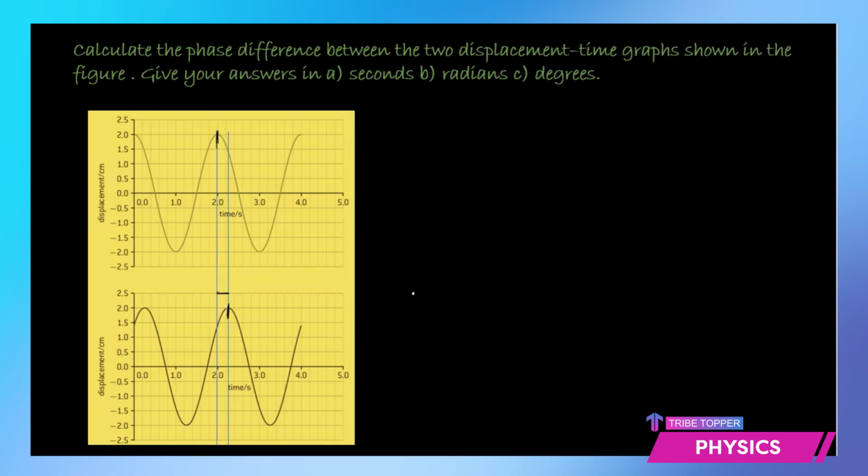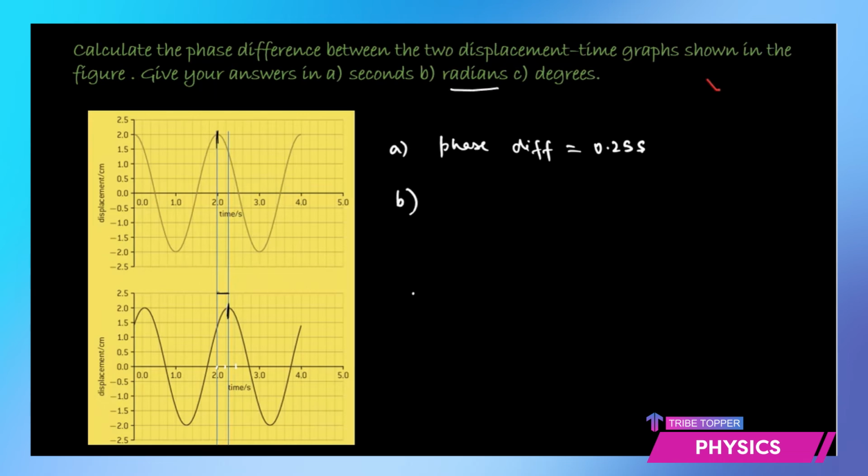If you see carefully, it is ahead of 0.2. So this is 2.0, 2.2, 2.4. So this is almost 0.25. So there is a phase difference of 0.25 seconds.